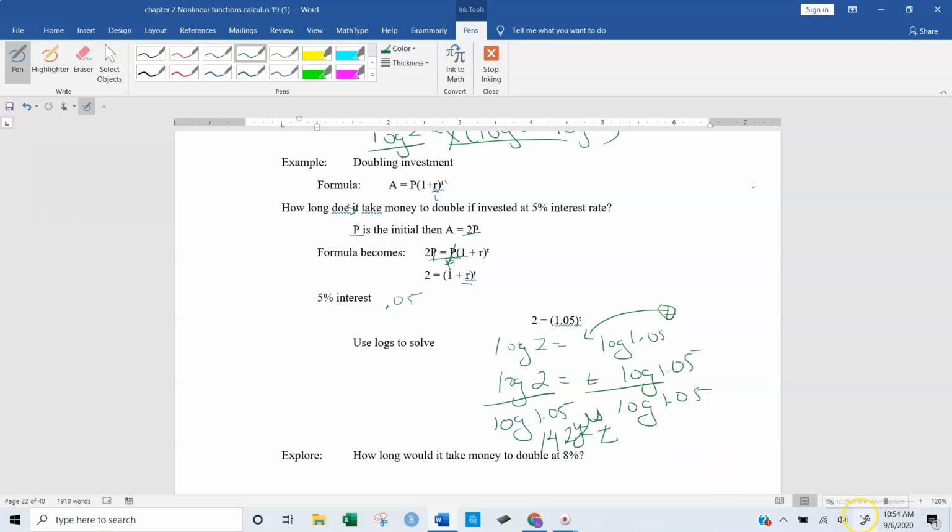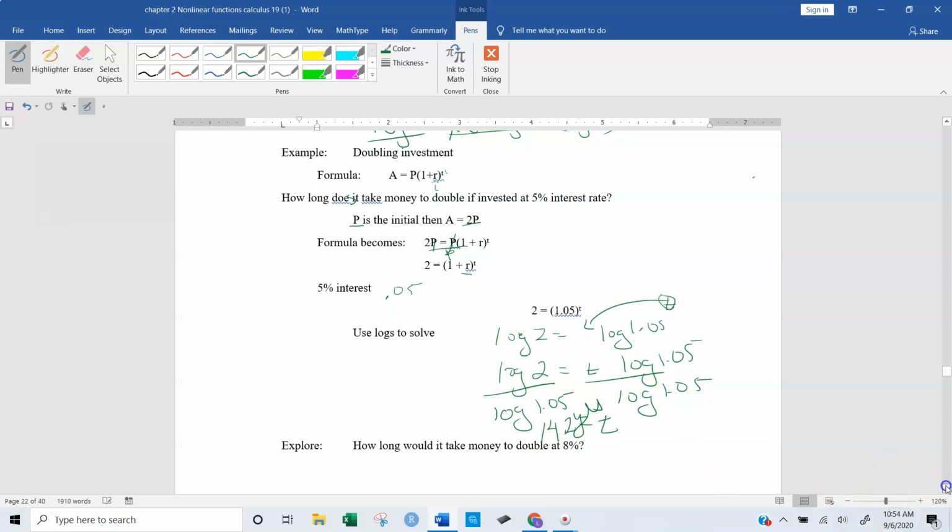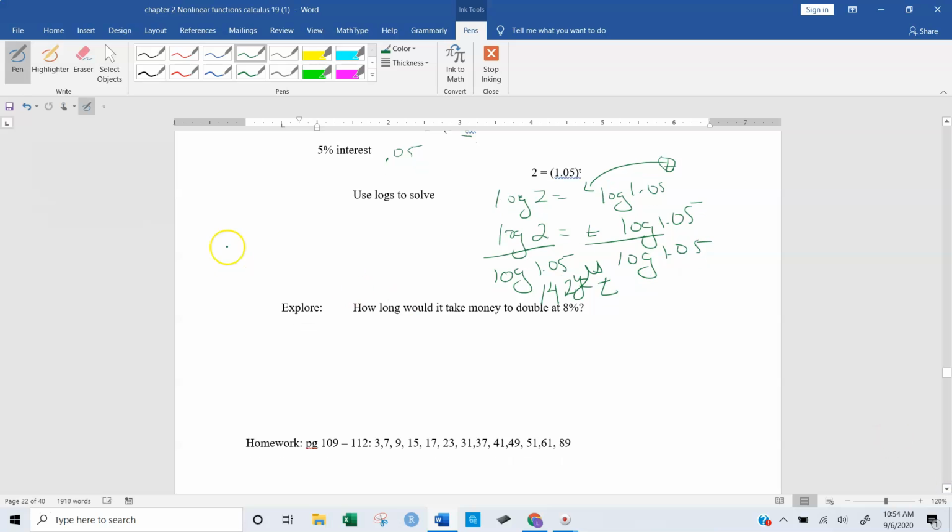Okay, try yours with 8%. So the only thing that changed in your formula was the 5 to an 8. So you still have 2 equals 1 plus 0.08 to the t power. So 2 equals 1.08 to the t, log both sides.